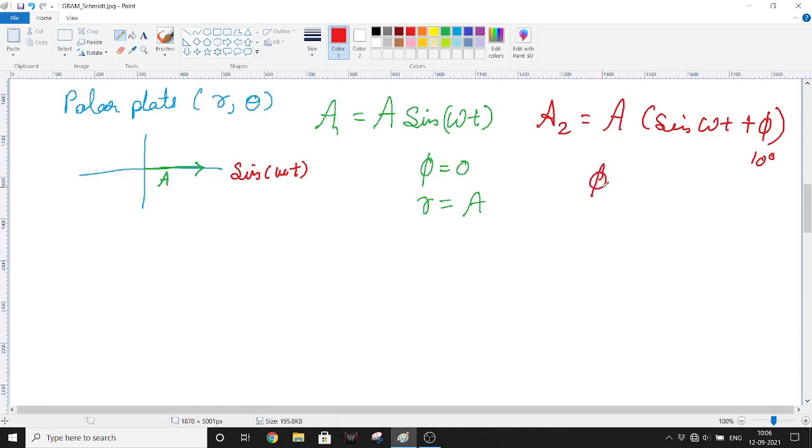So then my phi is equal to 10 degrees and still my r is equal to A. So how do I represent that? Somewhere here. This is an angle of 10 degrees and this is my A2, this is A1, with the same amplitude A and the angle is 10 degrees.